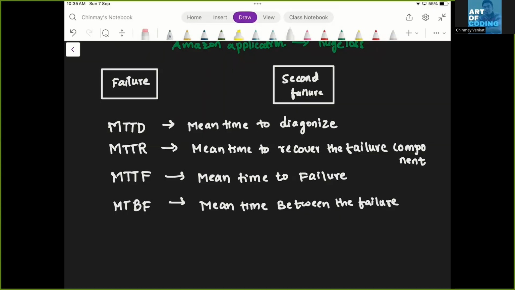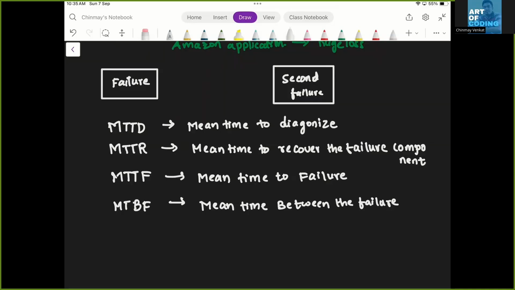And mean time to failure. Mean time to failure means one failure has already happened, we diagnose the problem, and later the problem is resolved. Then, after some time, after the problem is fixed, another problem occurs in the system.